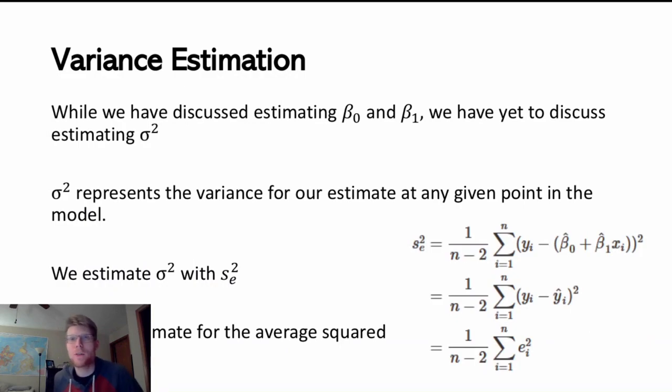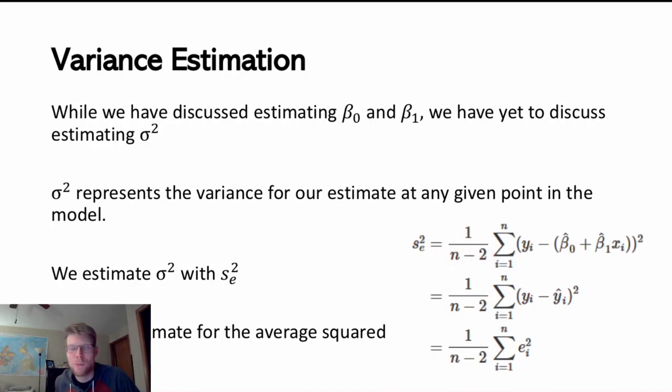So we can estimate the variance in our model by completing this calculation. You might call it the standard deviation of our residuals or the standard deviation of our errors, with the e standing for errors there. That's going to be the sum of the squared residuals, and then we just divide it by almost n.